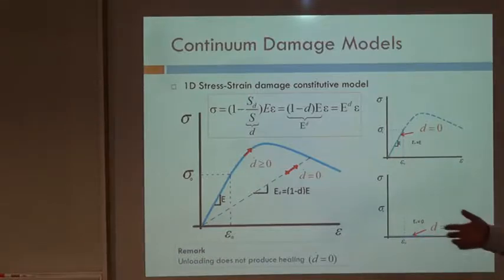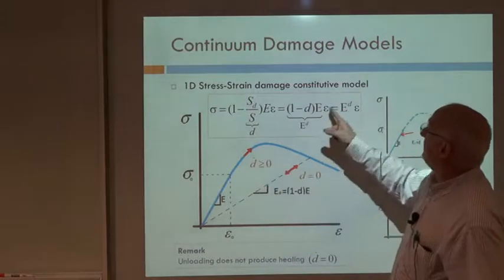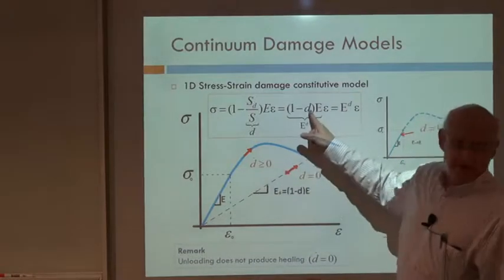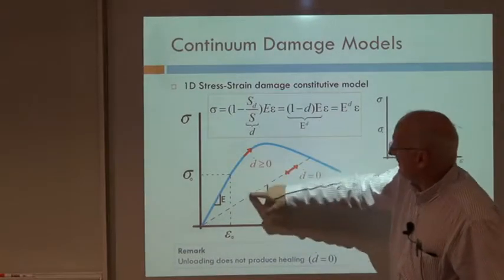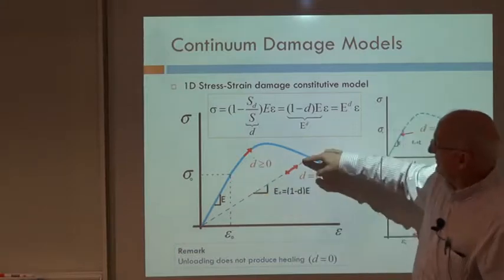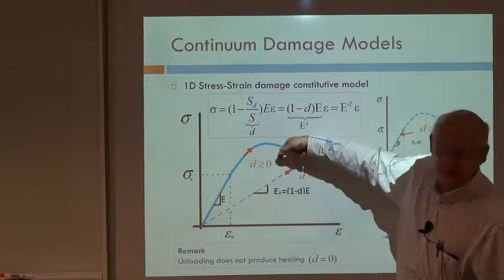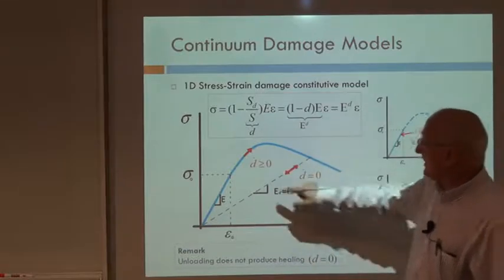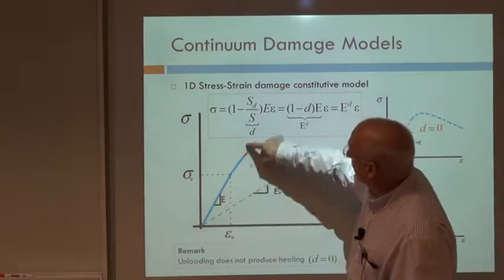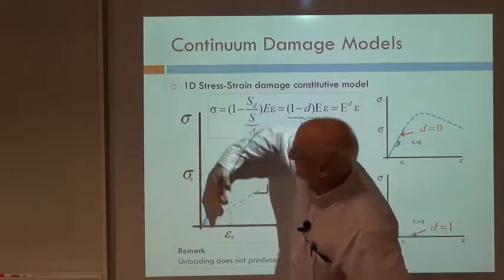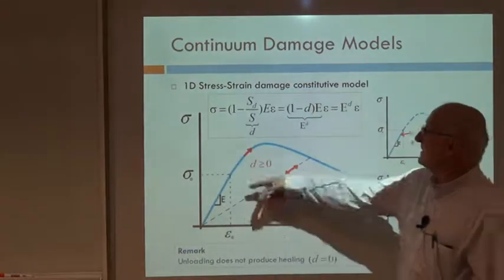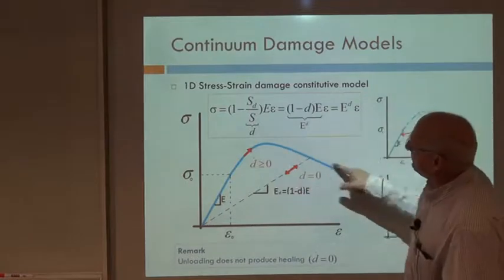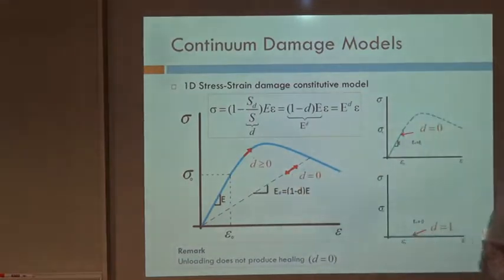By the way, the fact that d is always increasing means that this Young modulus can never increase. This secant modulus can never increase. Okay? For instance, it would have no sense that the curve would be like that, in which the Young modulus increases. That means that even if you go that way or that way, the Young modulus always decreases. The secant Young modulus always decreases.